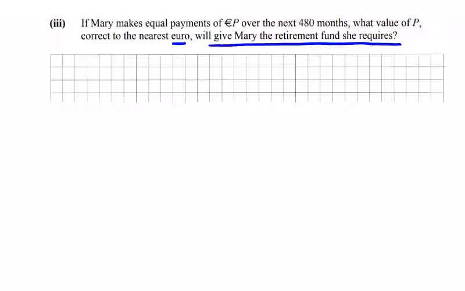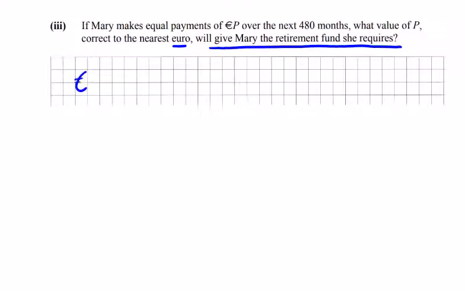So we know that this pension fund is going to have to be equal to 487,409. The monthly interest rate is going to be 0.00327, 37398.